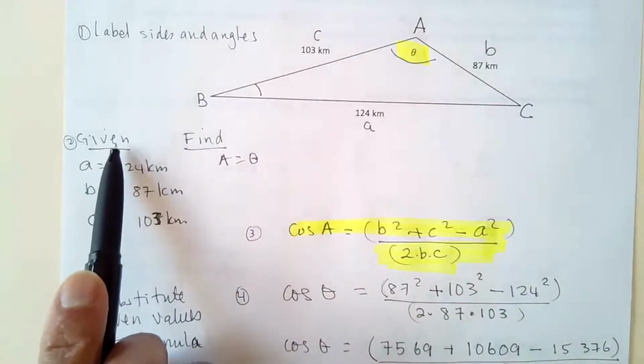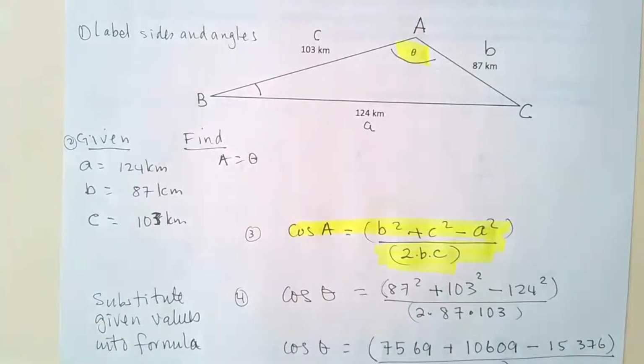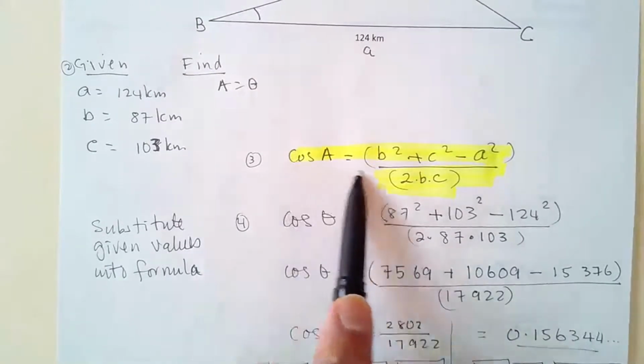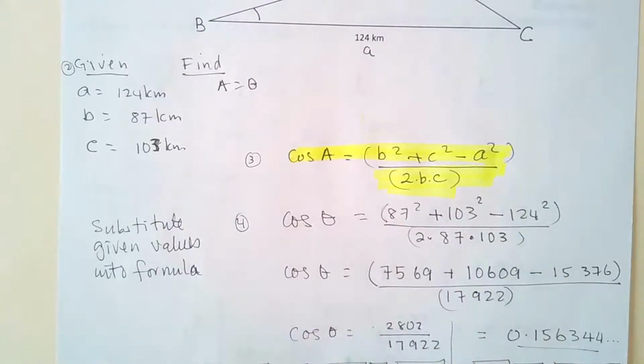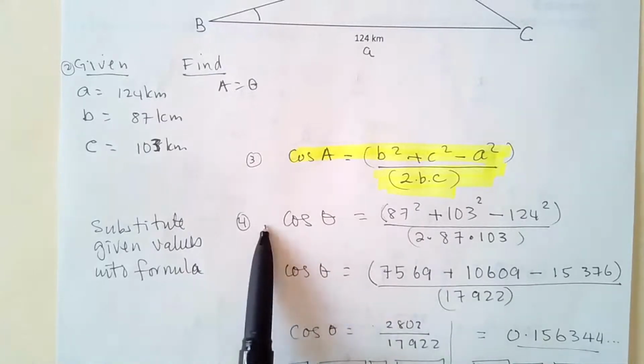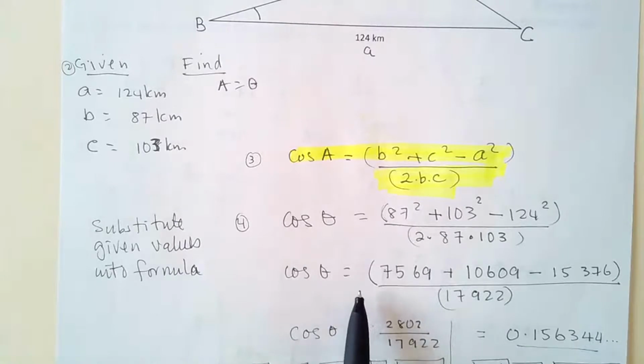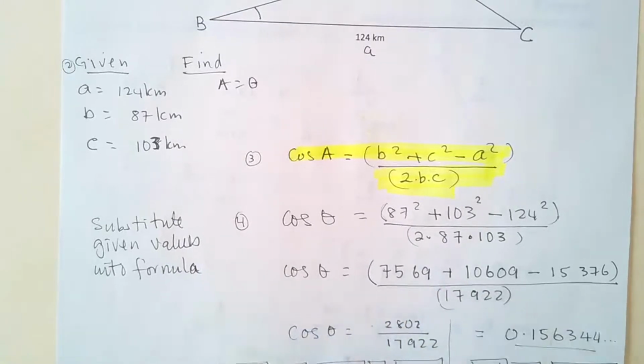Next step, we write down what's given and what you need to find. Third step, we record our formula. Fourth, we substitute our given values into our formula. And then we simplify.